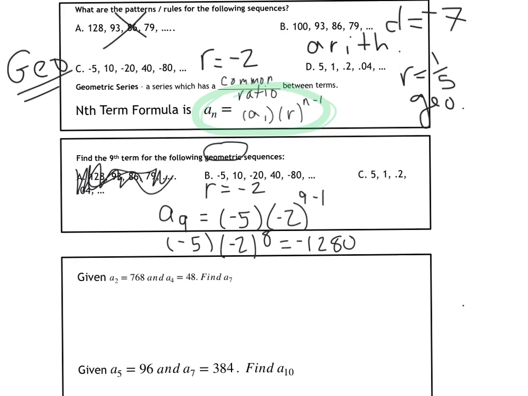All right. Next one. Right here, our common ratio is 1/5. So we take our formula for a sub 9. First term, which is 5. The ratio is 1/5 to the 9 minus 1, which is 8. Finding the ninth term.